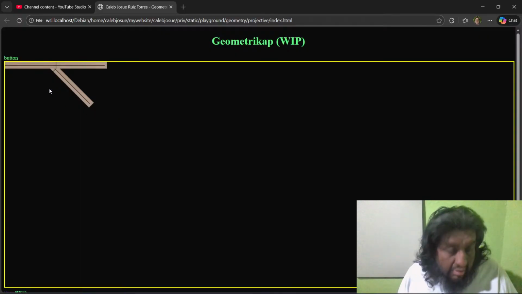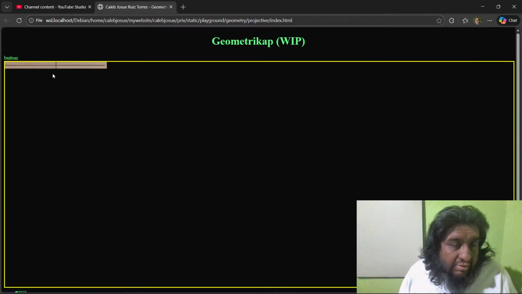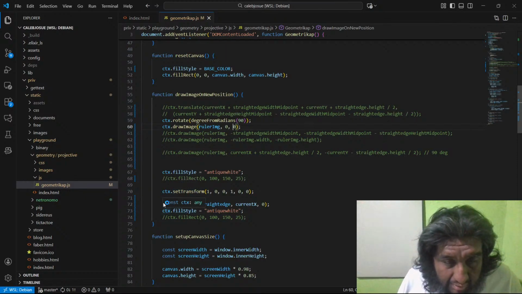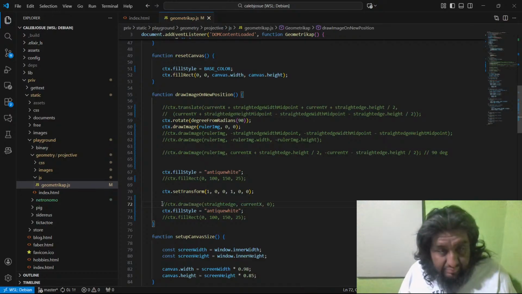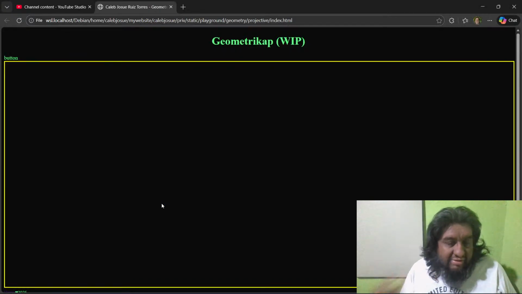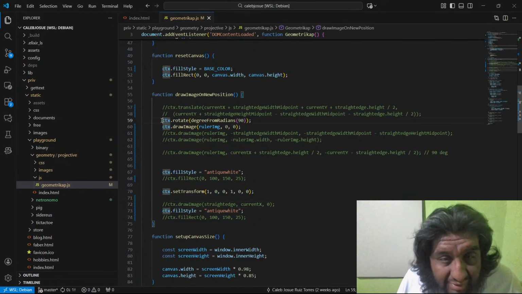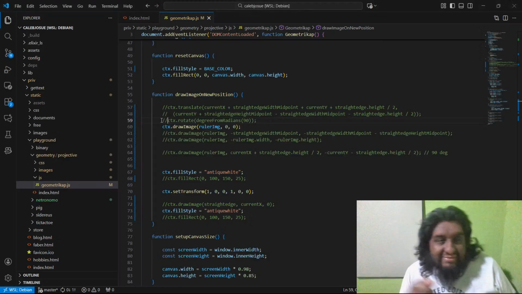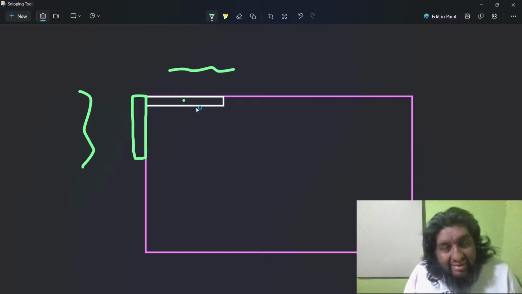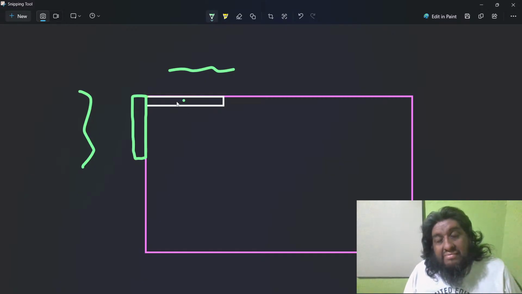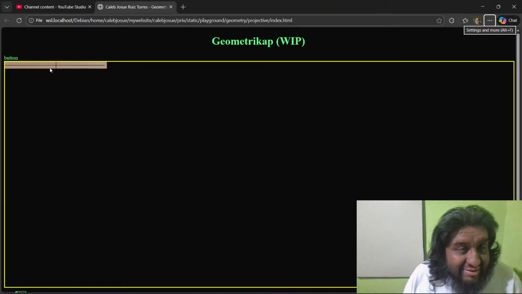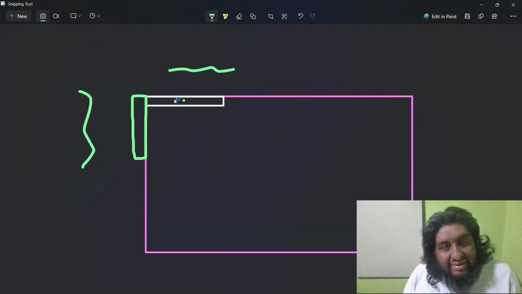Look, so there, I'm going to delete this. There's nothing. I'm going to delete the rotation command. Now we have this scenario. Here's, oh my God, here's the straight edge, the white rectangle.